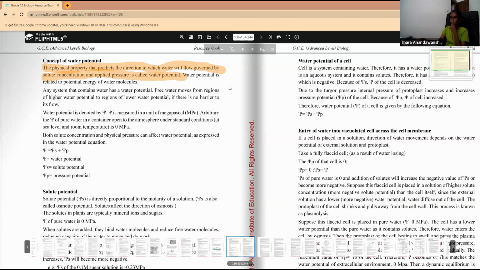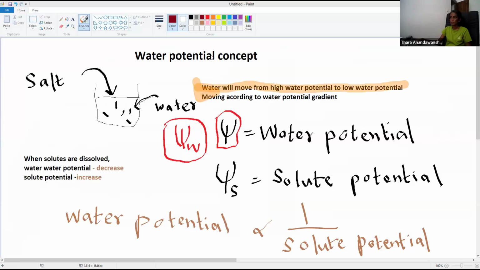Water will move from higher water potential to lower water potential. Let's add one more thing. Region of higher water potential to region of lower water potential. Region, okay?